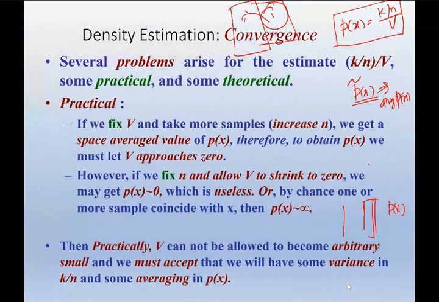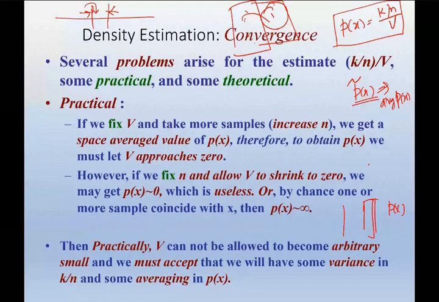Now, however, if we fix n and allow v to shrink to 0, we may get probability of x equal to 0. That means if I keep reducing the volume, in a 1D case, there may be a chance that nobody falls into this bin.